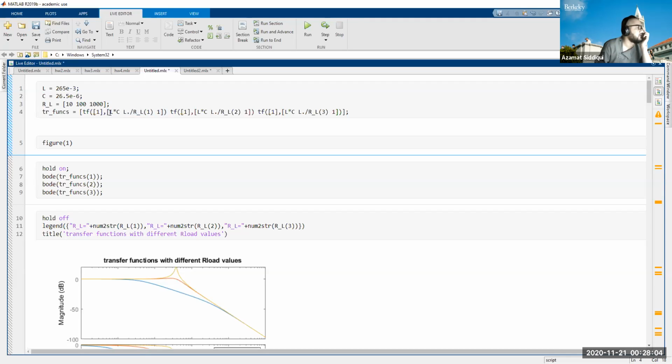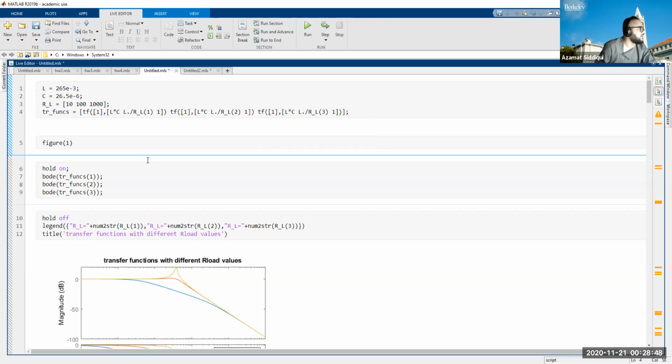And then for j omega squared, I have L times C. And then for j omega, I just have L over RL, indexing to each one of these. And for the last term, I just have a 1. So it's just an array having 3 terms of transfer functions. 1, using RL1, which is 10, and this is using RL2, 100, and RL3, 1,000. Press right here, it's going to show all the values for RL.